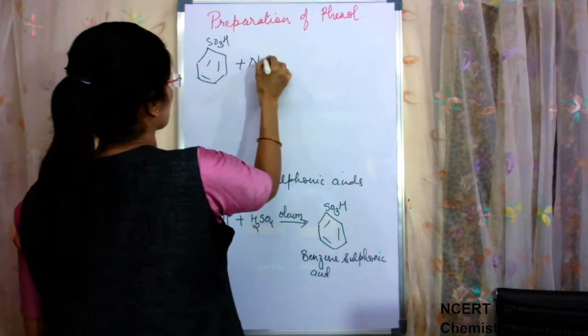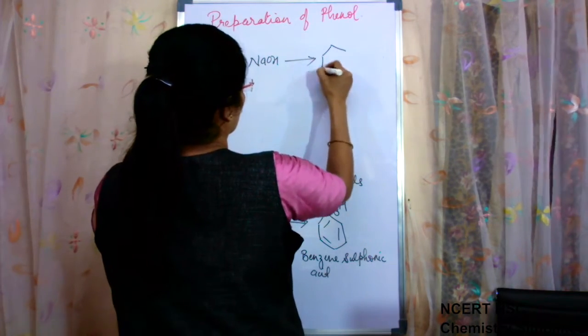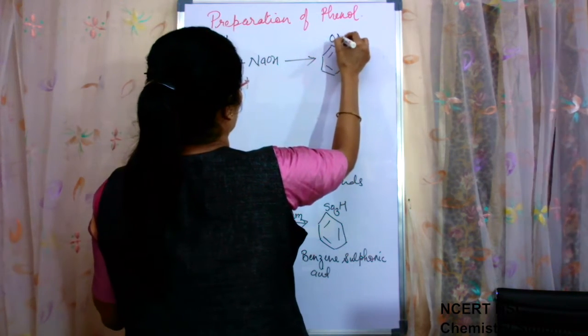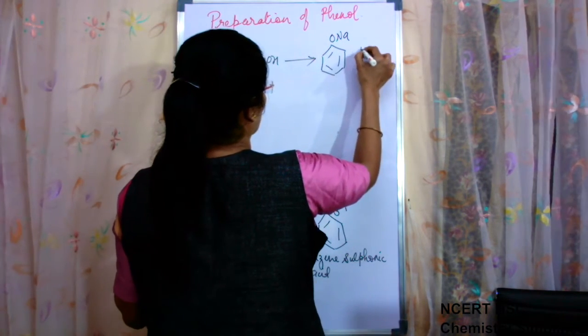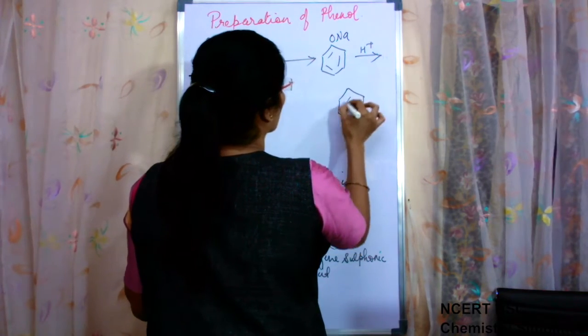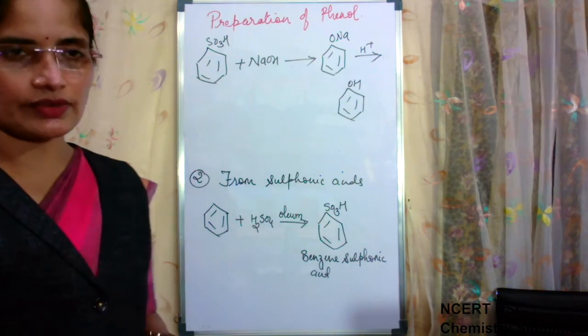When treated with alkali, the first step produces ONa, which on hydrolysis gives phenol. So again this is one of the methods.